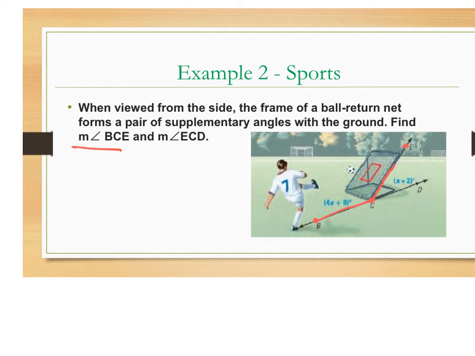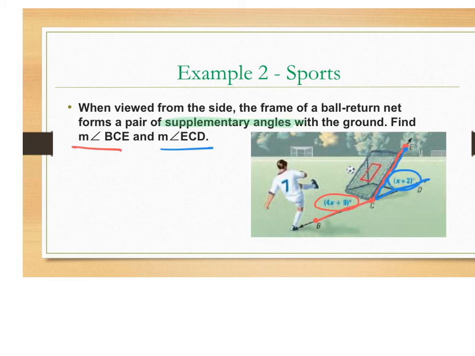So this angle right here, which represents 4x plus 8, along with ECD, which is represented by x plus 2. Notice in the problem, they told me that these are supplementary angles. This is key because it tells me what to set my equation equal to.